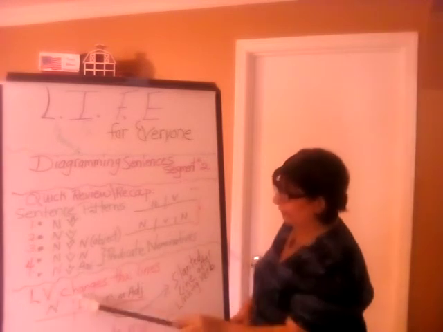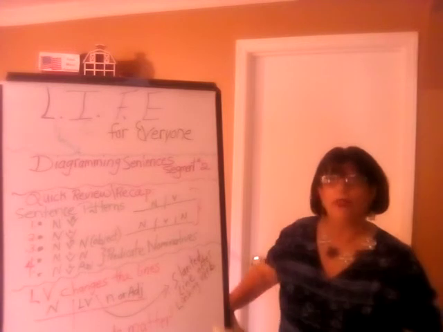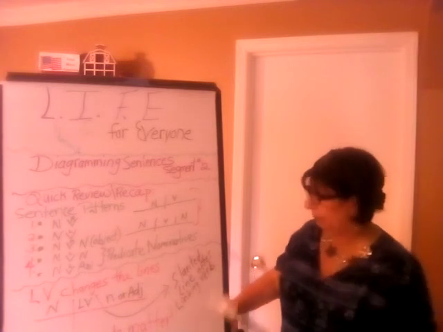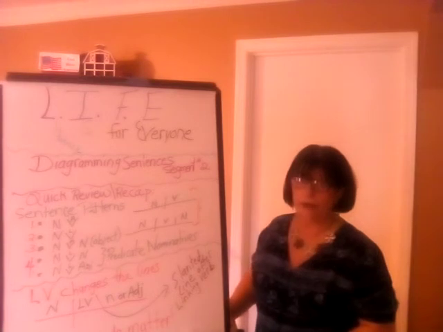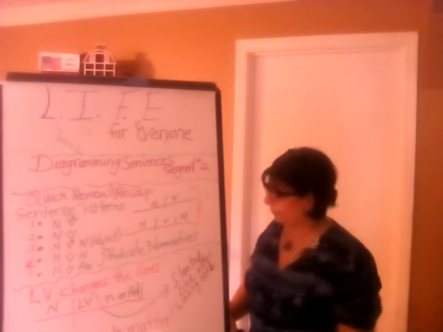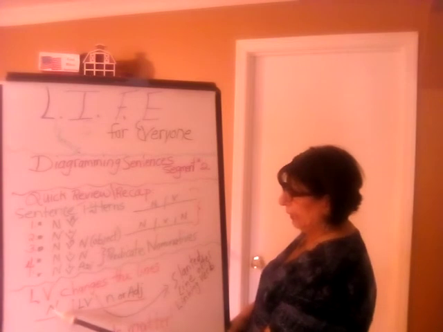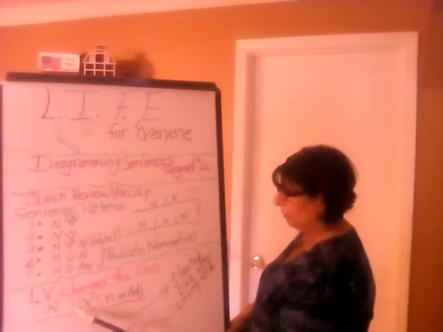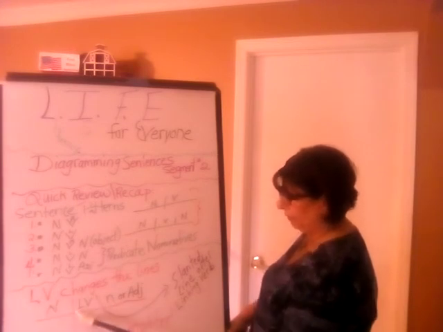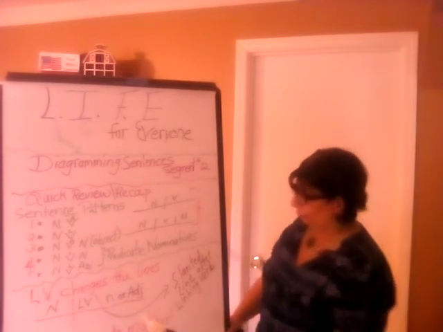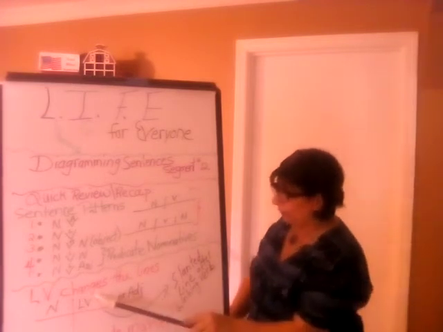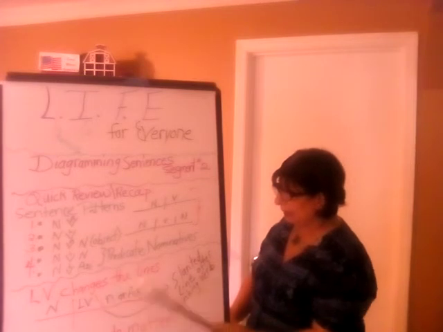When we have a linking verb, it changes the lines in the diagram. And again, the lines do matter, okay? So now we've got noun, linking verb. We separated with our intersected line. But for the linking verb, we're going to use a slanted line.